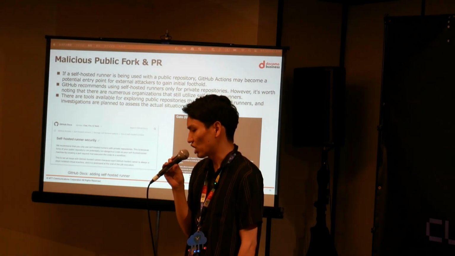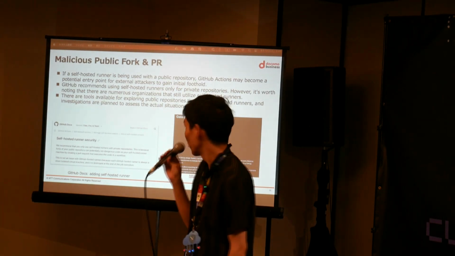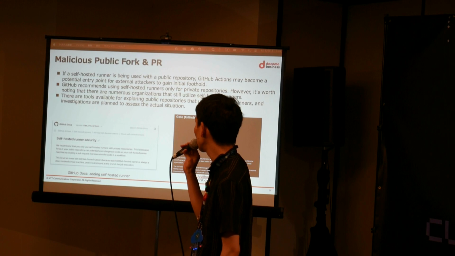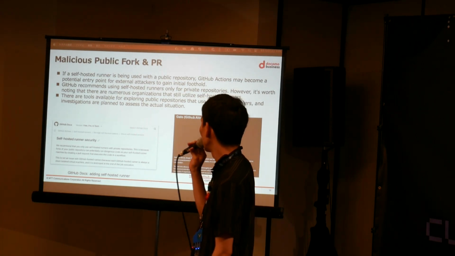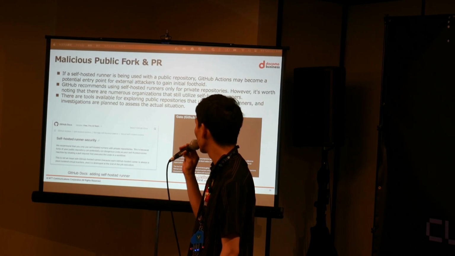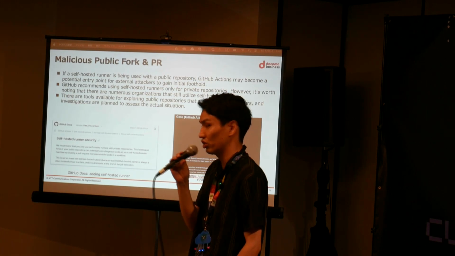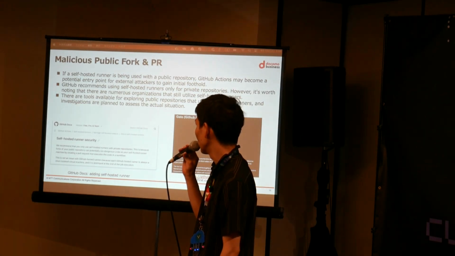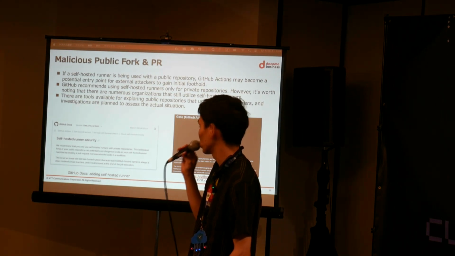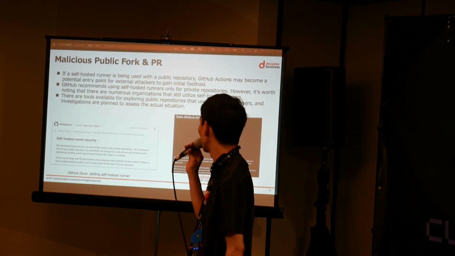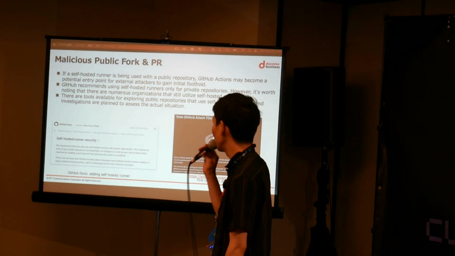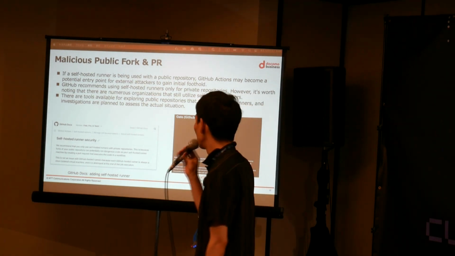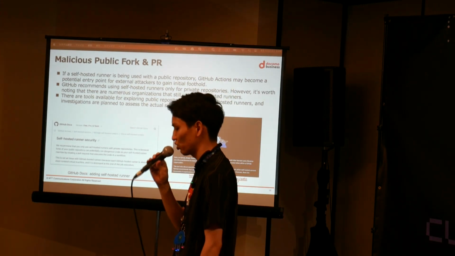GitHub is aware of this threat and recommends using self-hosted runners only for private repositories. However, it's worth noting that numerous organizations still utilize self-hosted runners in public repositories. There are tools available for exploring public repositories that use self-hosted runners, and investigations are planned to assess the actual situation.